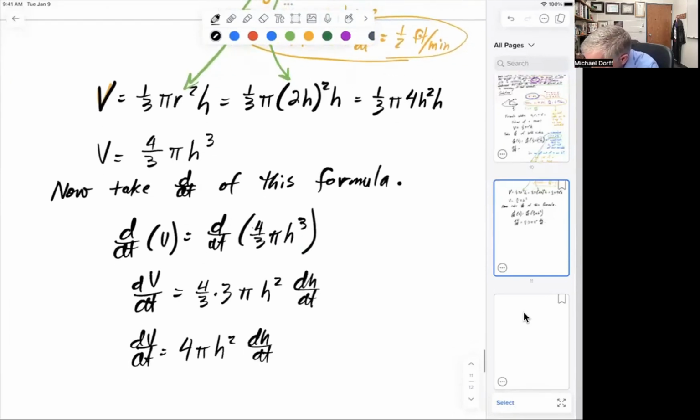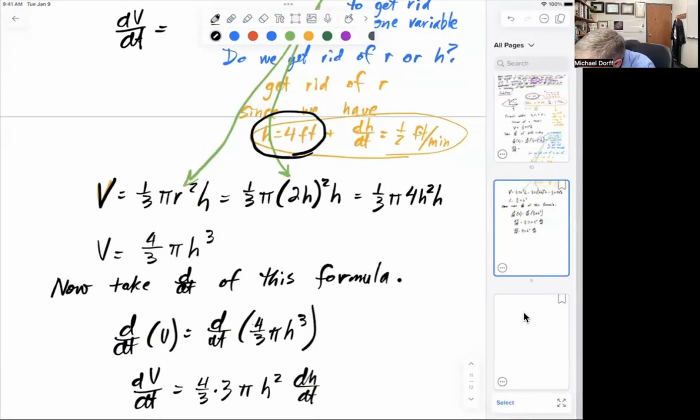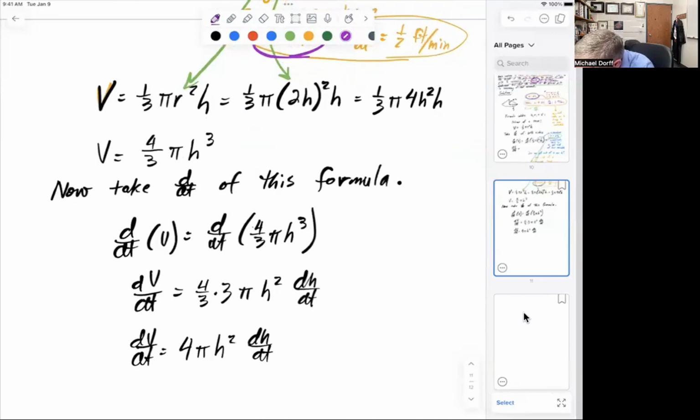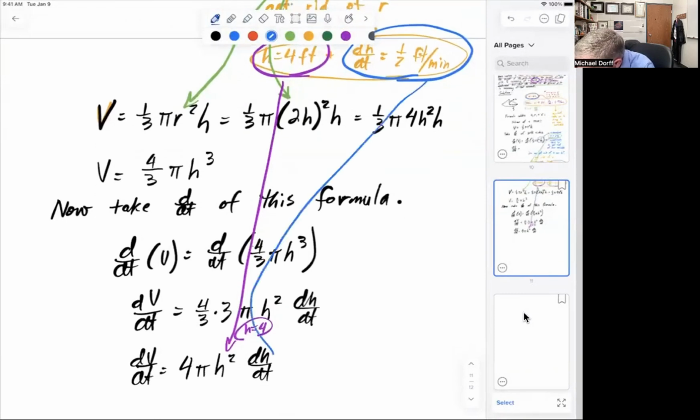And we'll substitute in what we have. In purple, h is 4. So we're going to put that in here. So this is h equals 4. And we know that dh/dt is 1/2. So we're going to put that in here.